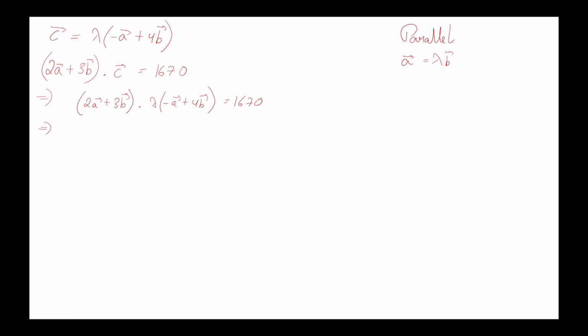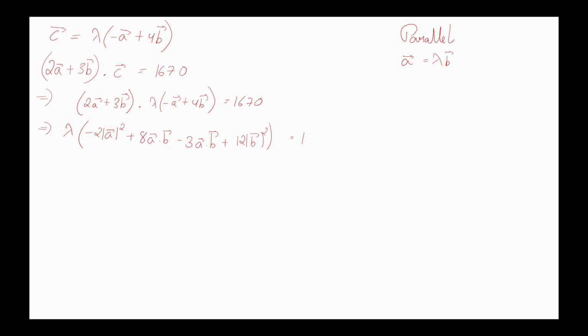And from here again the scalar quantity can be taken outside. So here now let us take out the dot product. What are we going to get? Minus 2 A vector modulus square plus 4 twos are 8 A vector dot B vector minus 3 A vector dot B vector plus 12 B vector modulus square.